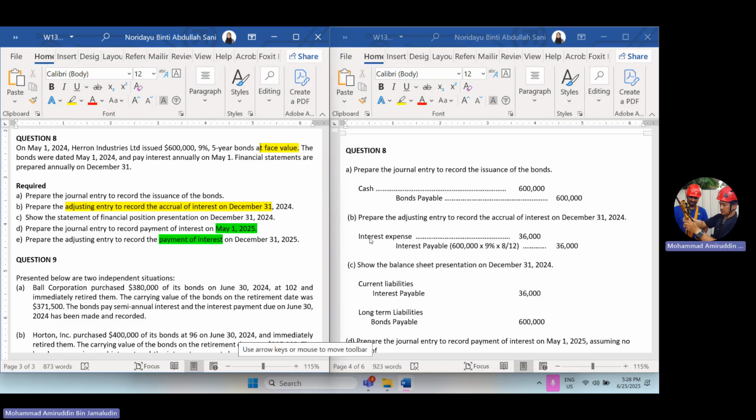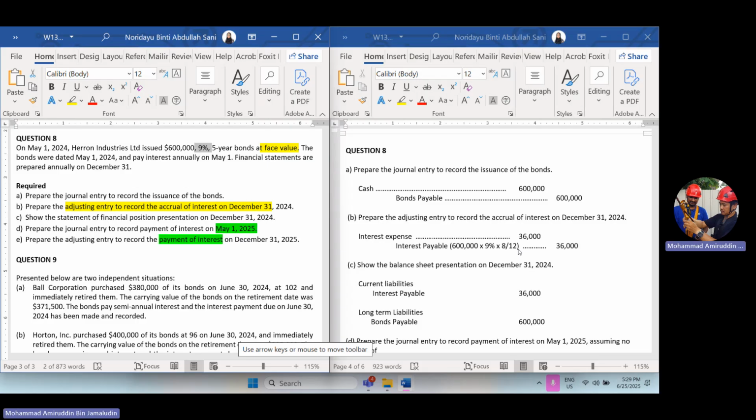So double entry, debit interest expense, expenses increase on debit, credit interest payable. 600,000, the value of your bonds, multiply 9%, the interest rate, multiply 8 over 12. Why? Because you have the bond from 1st May 2024 until 31st December 2024. Don't count until here because your year end 31st December.